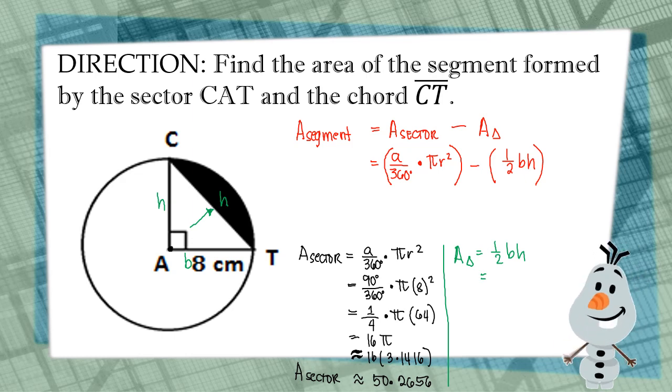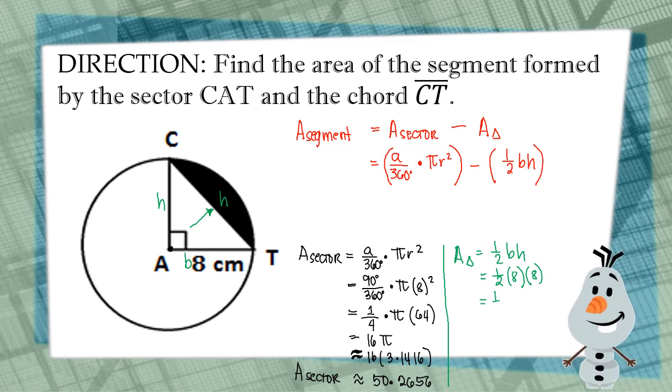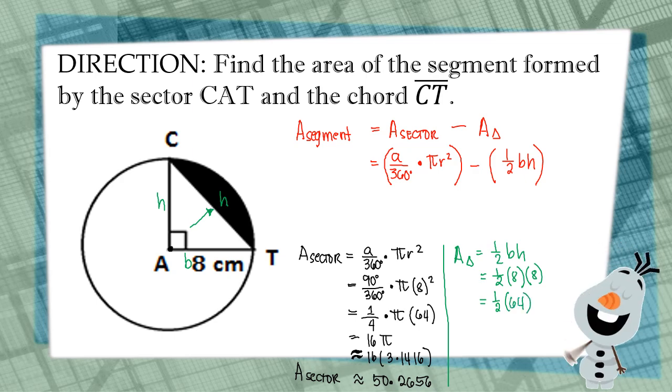If AT is 8, therefore AC is 8 as well. So here, we substitute the base as 8 centimeters and the height as 8 centimeters as well. Now, what is 8 times 8? It's 64. Now what is 1/2 of 64? So the area of the triangle is equal to 32.